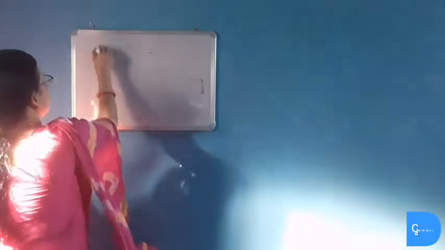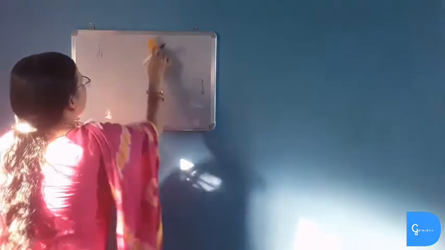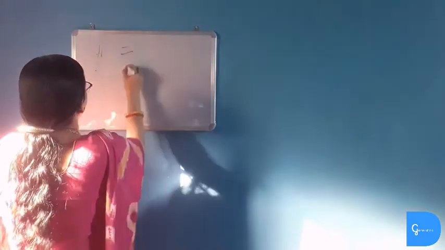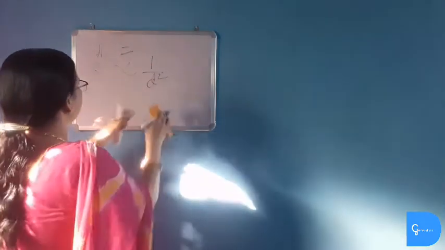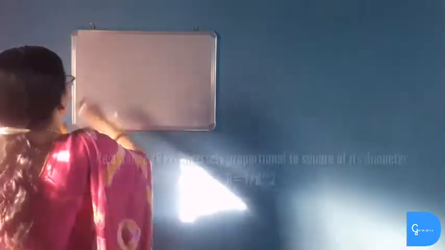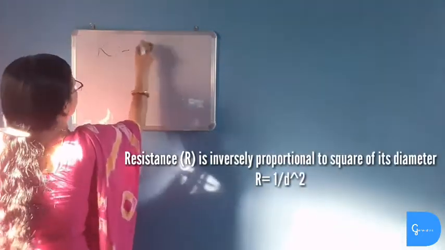Now area of cross section or thickness of the wire depends on the diameter. It has also been found that resistance of the conductor is inversely proportional to the square of the diameter. So when diameter is double, what happens?